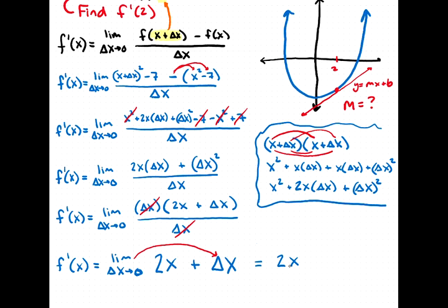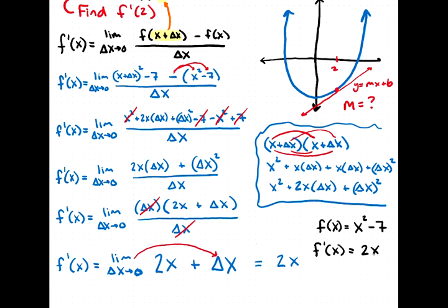So what we've just found is if our function f of x is x squared minus 7, then our derivative f prime of x is equal to 2x. So this derivative function tells us the slope of any tangent line for any x value.